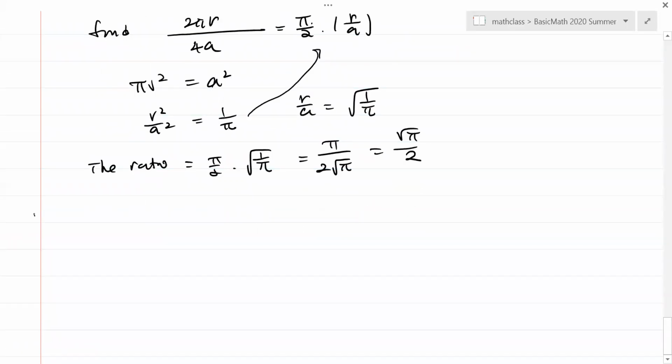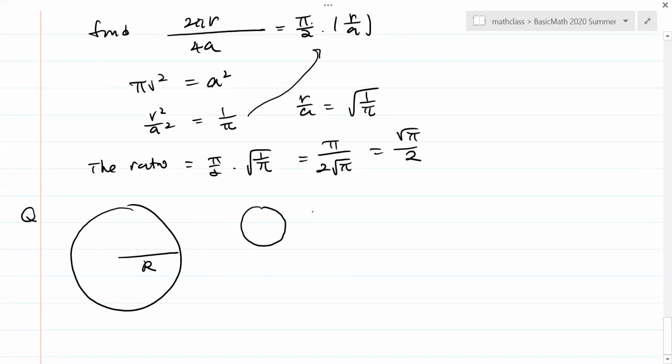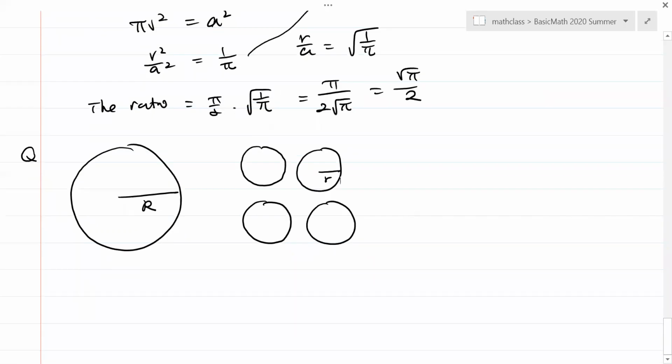All right, another question. Suppose you make a large cake with a radius r. Now you decide to make 4 smaller cakes, but you want to make sure the 4 smaller cakes have the same total area as the larger one.